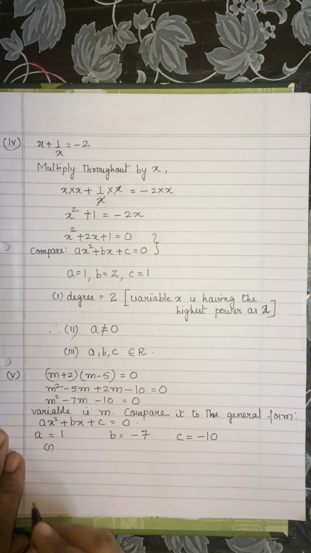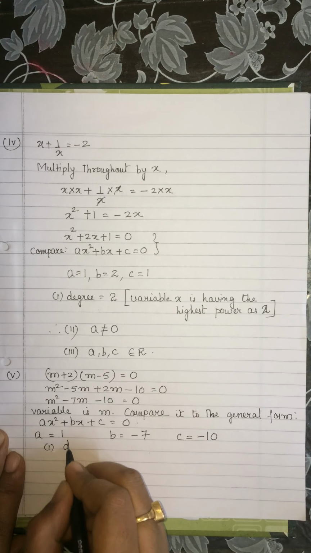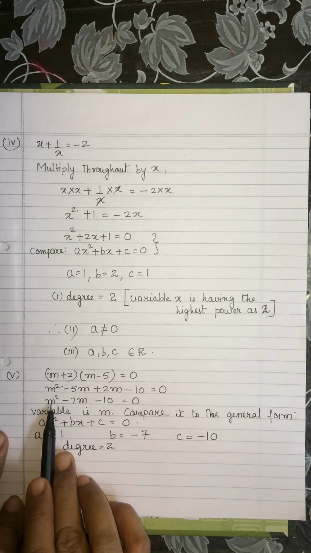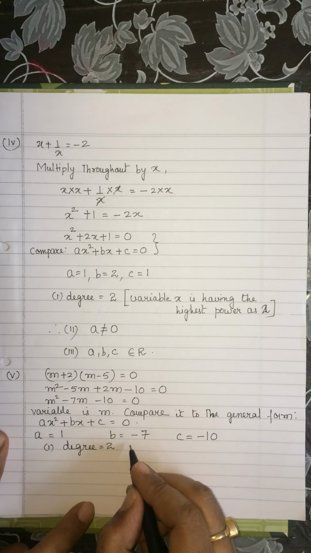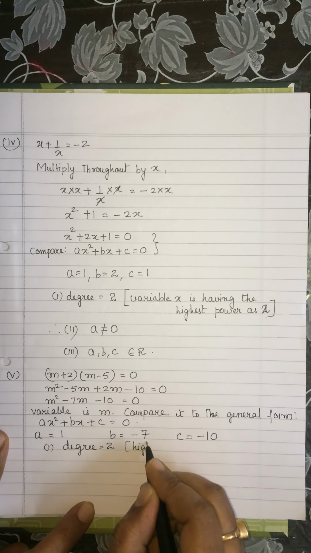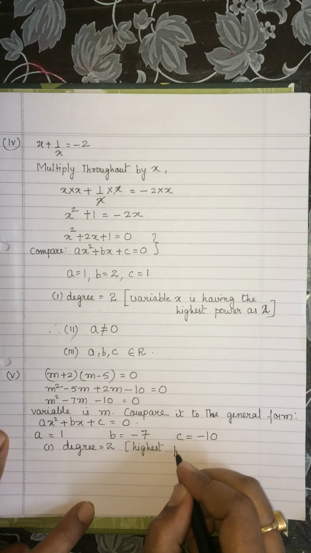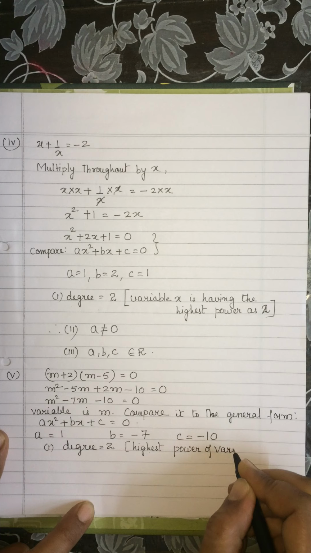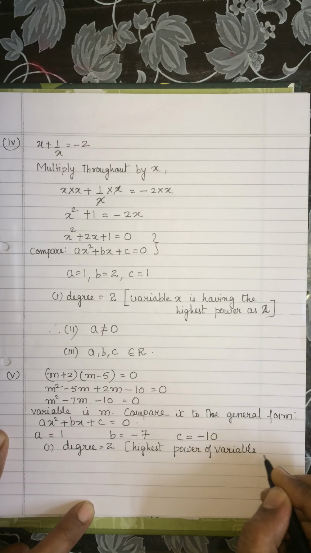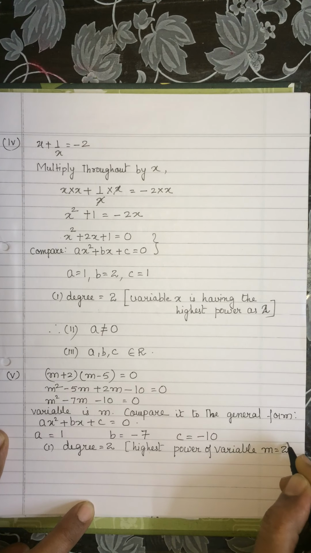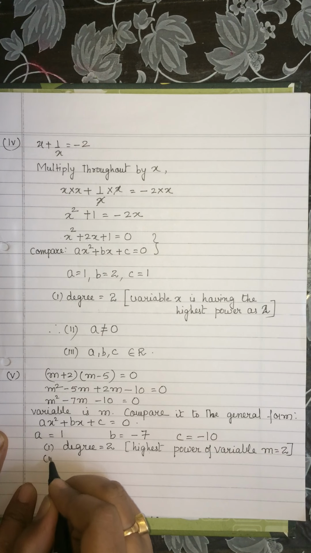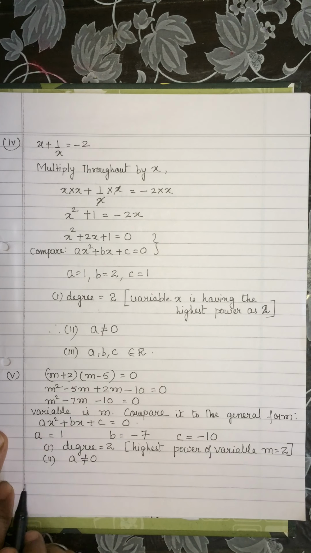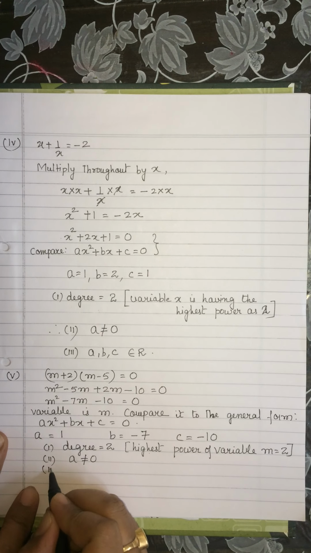So let us see the conditions, children. The first condition, the degree must be 2. If you see the equation, the degree of the variable m is 2. That is the highest power of variable m is 2. Alright. The second condition is a should not be equal to 0. As we know, a is equal to 1. So a is not equal to 0.